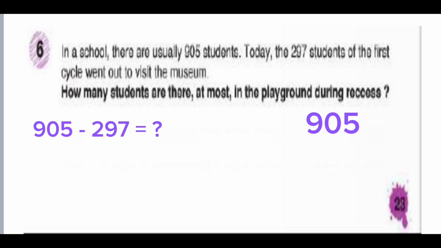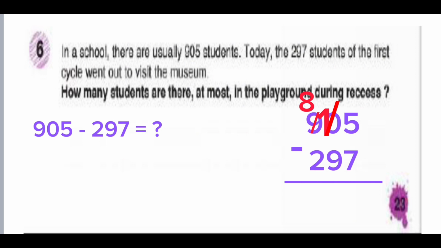So 905 minus 297. Now we will subtract. 5 minus 7, we can't. So we will borrow from the tens, but it is 0. So the 0 in the tens will borrow from the hundreds. That is, 9 will become 8, and the 0 will become 10. Now the 5 in the ones can borrow from the 10.